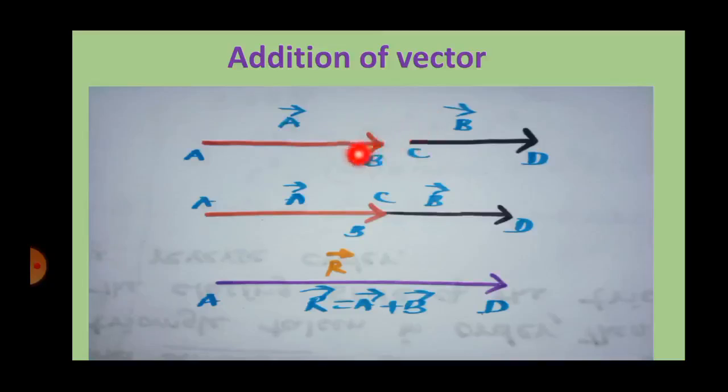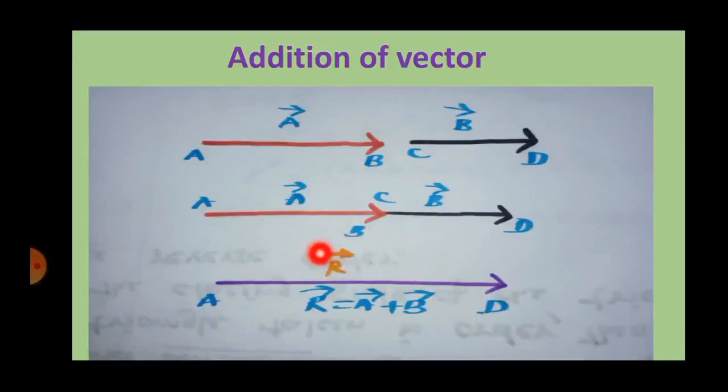The resultant of A vector and B vector is R vector, that is equal to A vector plus B vector. The length of the line AD gives the magnitude of resultant vector R vector.